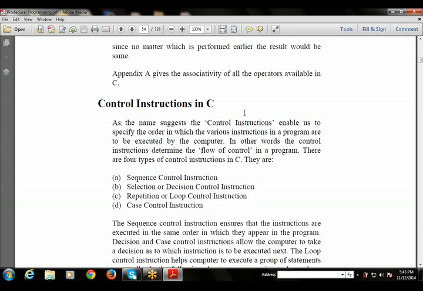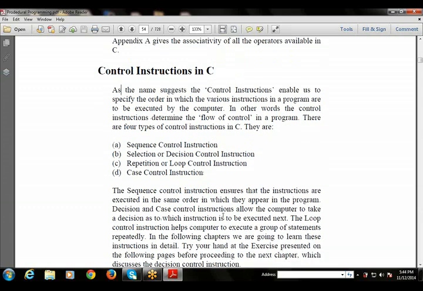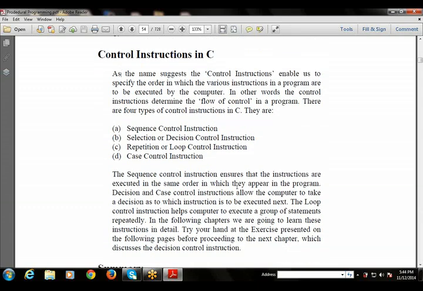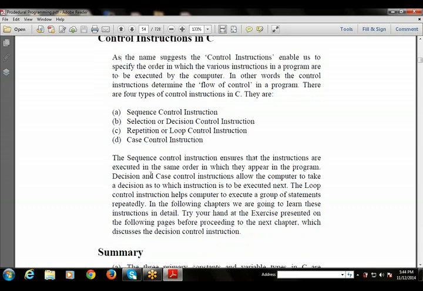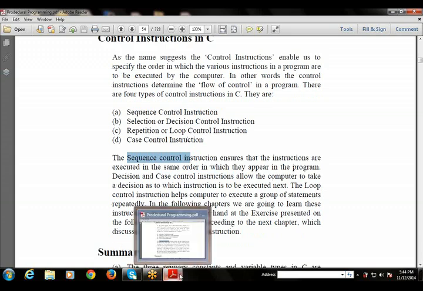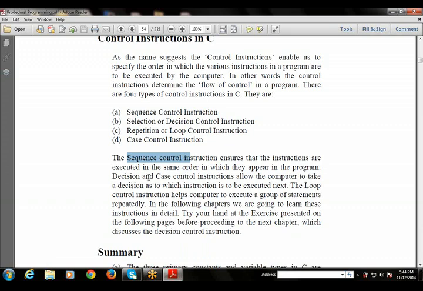The sequence control instruction ensures that the instructions are executed in the same order in which they appear in the program.